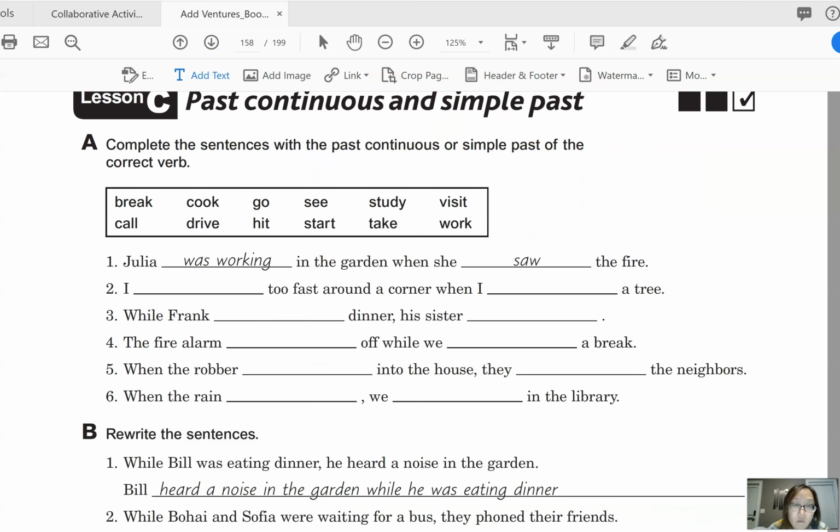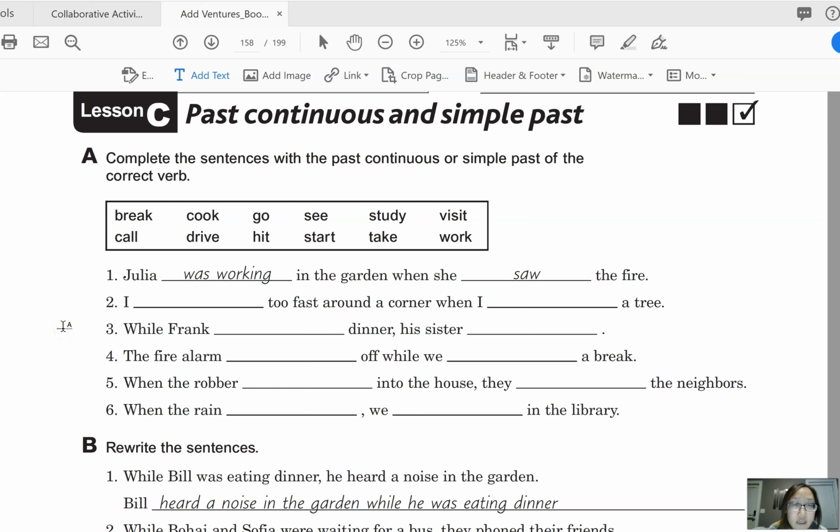Okay, so now we are going to look at a worksheet and practice again for the past continuous and simple past. So let's take a look at exercise A. Complete the sentences with the past continuous or simple past of the correct verb. Okay, so let's look at number 1 together.